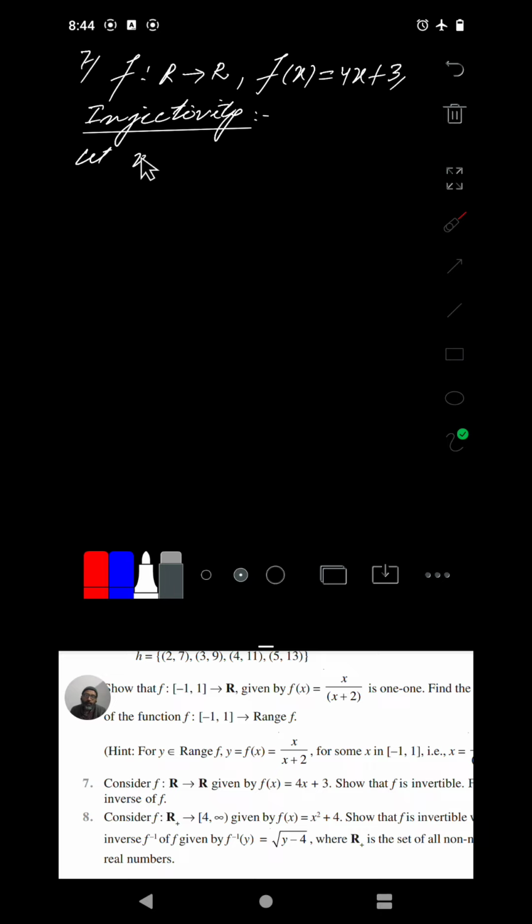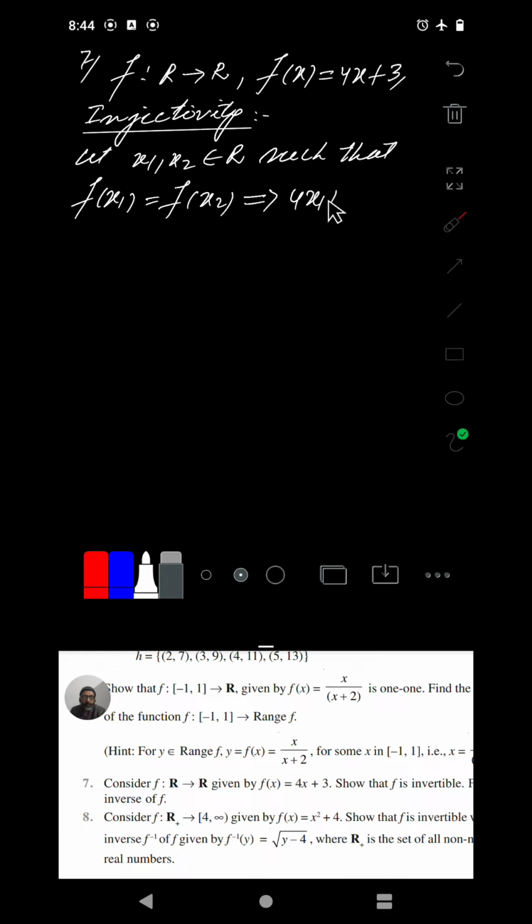Let x1, x2 belong to R such that f(x1) = f(x2). This implies that 4x1 + 3 = 4x2 + 3.